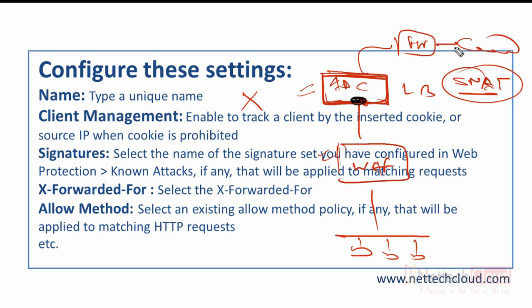Requests coming from the internet side with different IPs will be translated to the exit interface IP of the ADC. Let us assume that IP is 10.1.1.1. So no matter which IP requests are coming from, they will all be replaced with this IP address, right?